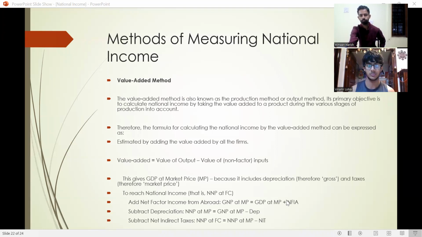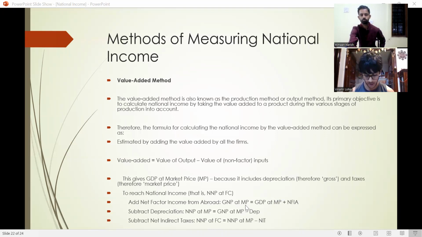So gross national product at market price is GDP at market price plus the net factor income from abroad. It has two components: GDP at market price and net factor income from abroad, which gives the gross national product at market price.